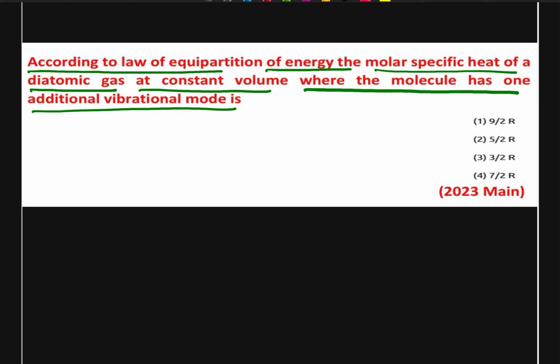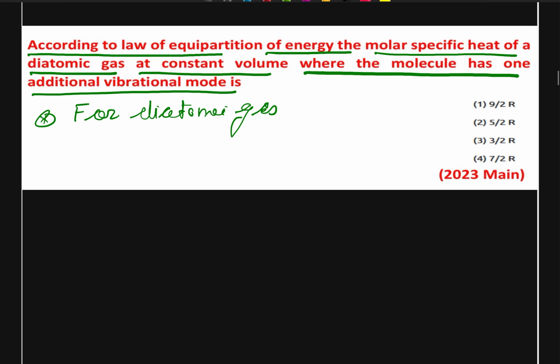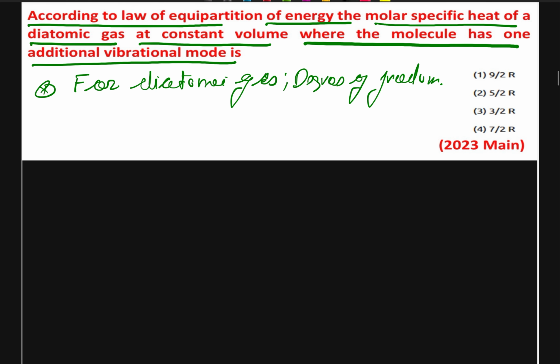So in general, we know that for a diatomic gas, there will be 2 types of degrees of freedom associated.